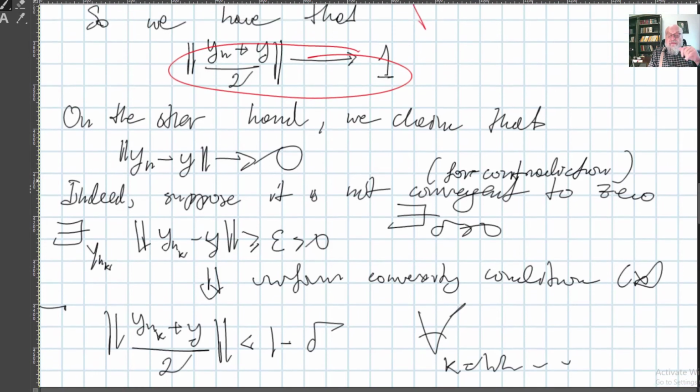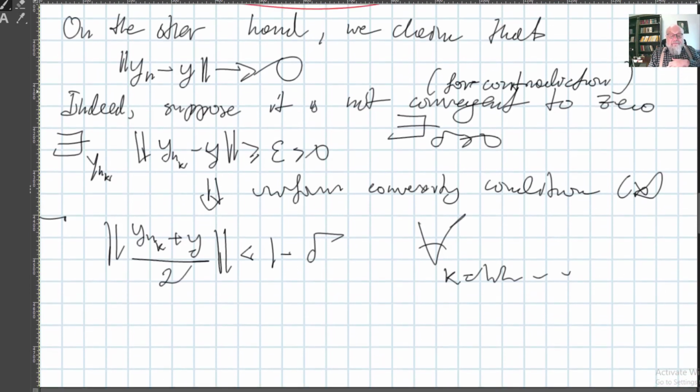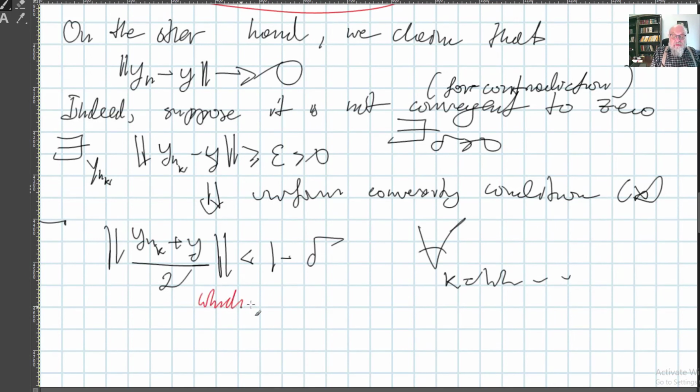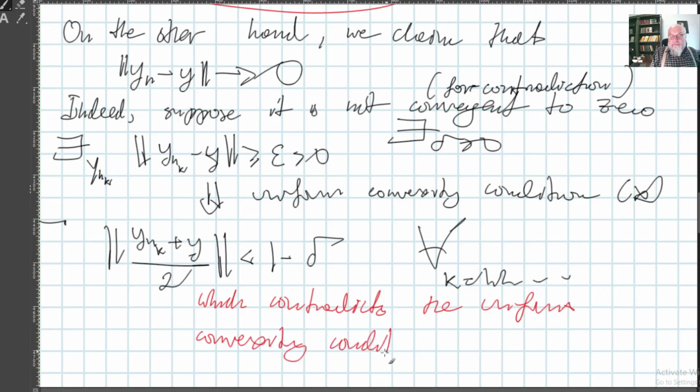So that means it is not satisfied, which contradicts the uniform convexity condition. That ends the proof, and that ends this segment of the lecture. Thank you.